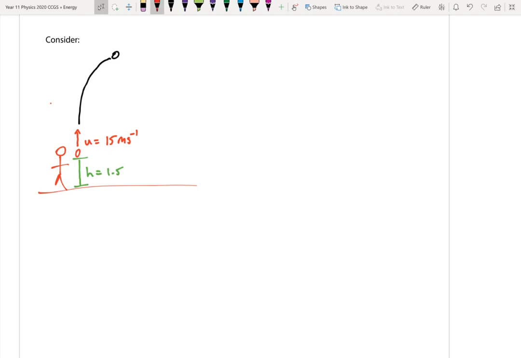I would like you to calculate one, maximum height. And then I'd like you to calculate... He's throwing it straight upwards. I want you to find maximum height. I want you to find speed upon impact.